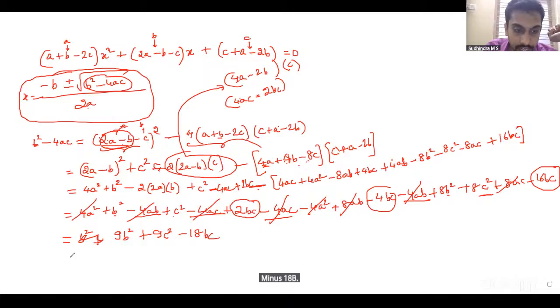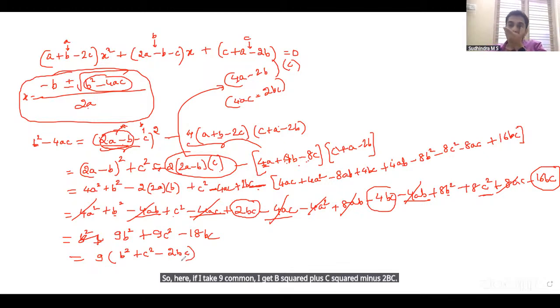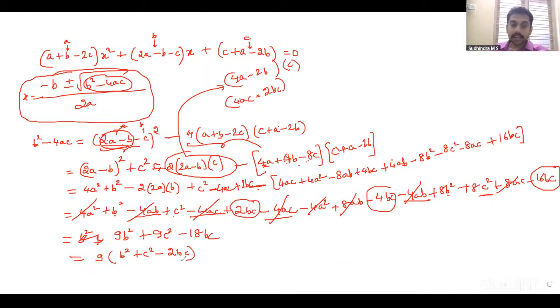So here, if I take 9 common, I get b square plus c square minus 2bc. Yes, sir. Correct? Now, what is this? b square plus c square minus 2bc, simplified version of that, b minus c the whole square. Very good. 9 into b minus c the whole square. Correct?